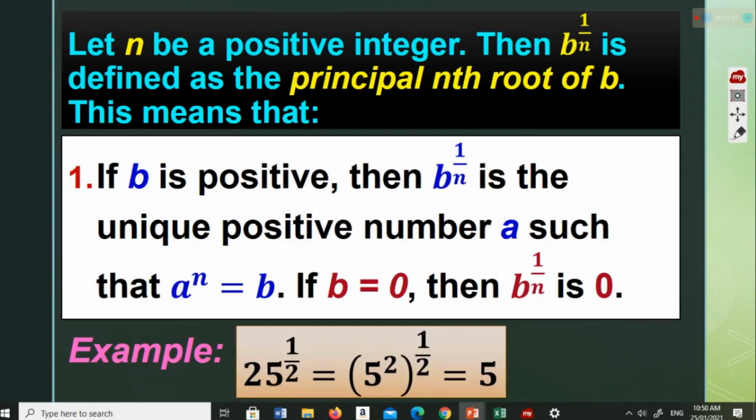So, 25 raised to 1/2. So, yung base natin dito ay positive 25. And then, dahil positive 25 yung base, the value of b raised to 1 over n is the unique positive number a. So, ang magiging value niya ay positive.